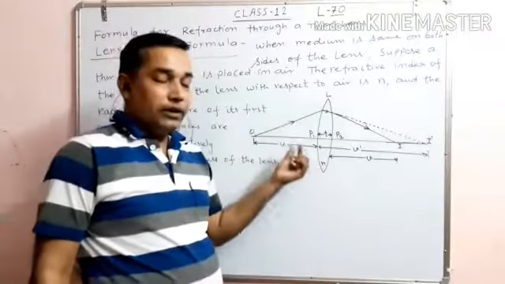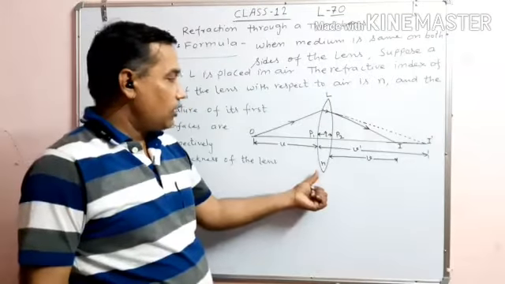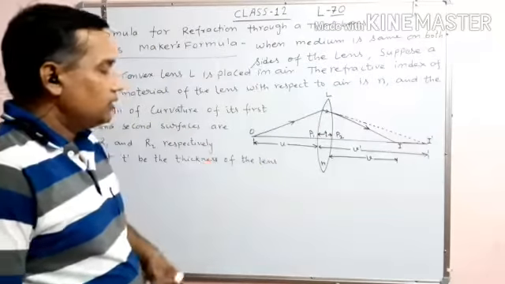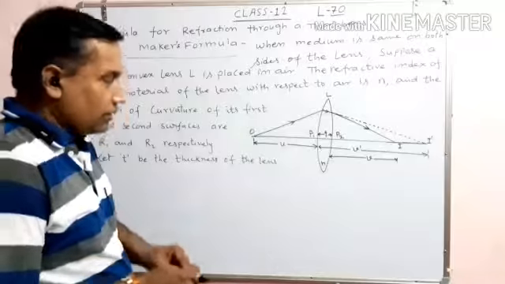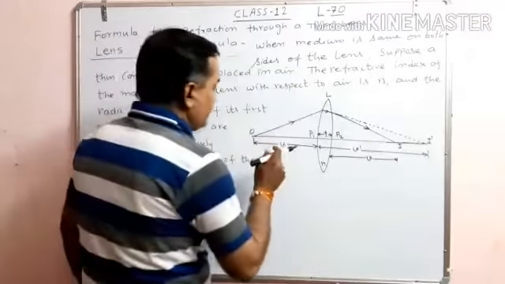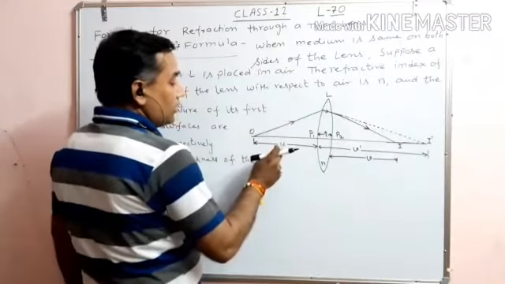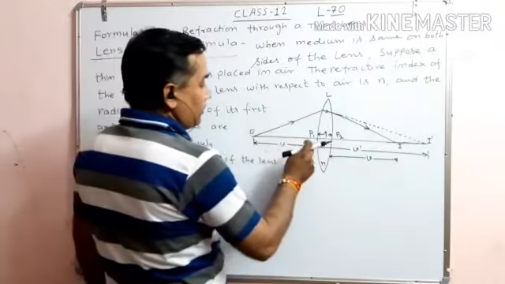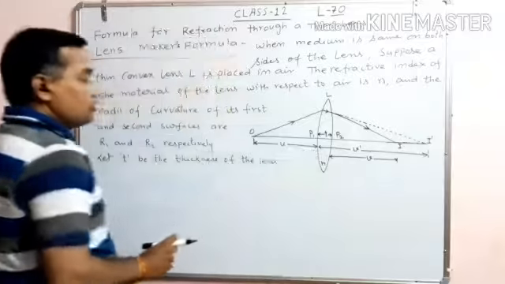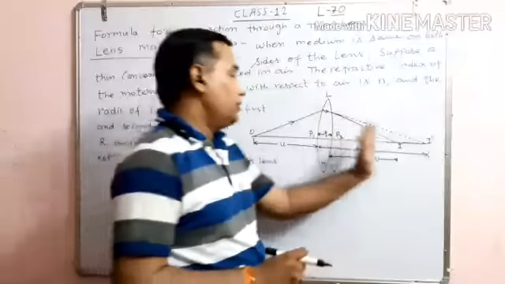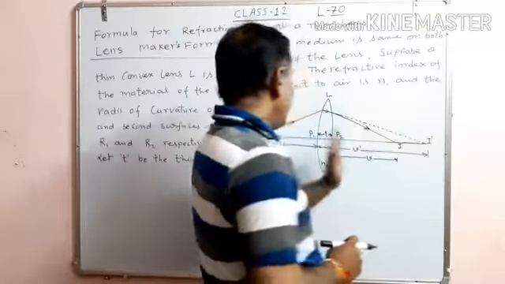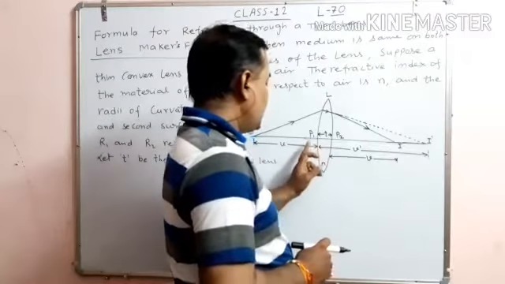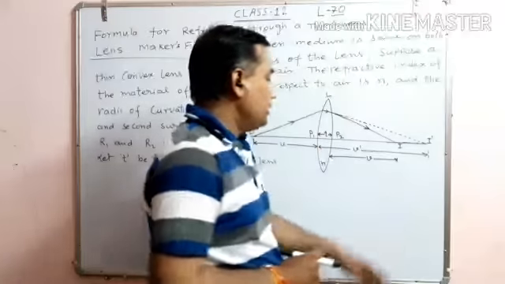The refractive index of the lens with respect to air is small n, and the lens is capital L. This is a thin convex lens, and here is a point object placed from the first surface P1 at distance u, and it forms the image at point I dash on the other side, at distance v dash from P1.